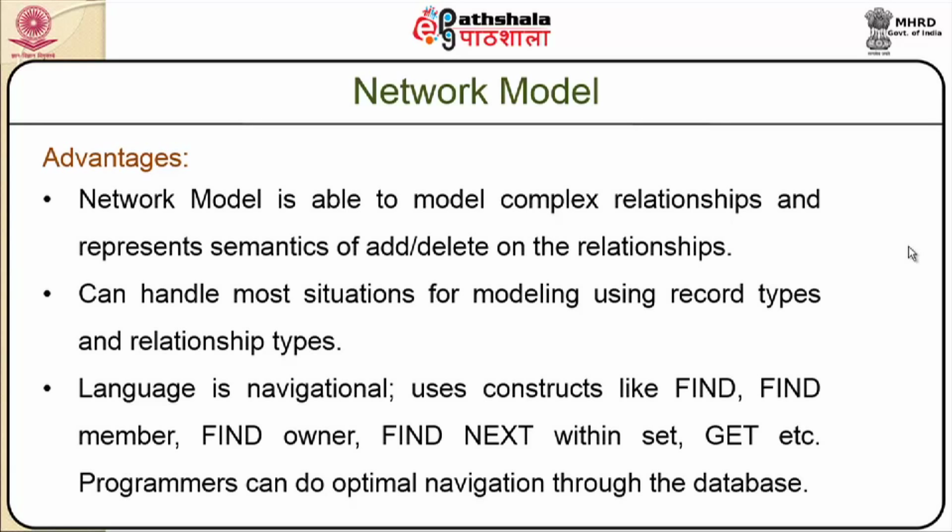Likewise, here every entity is related to another entity, every object is possible to correlate with the other objects. So, the network model is able to model complex relationships and represents semantics of add or delete on the relations.